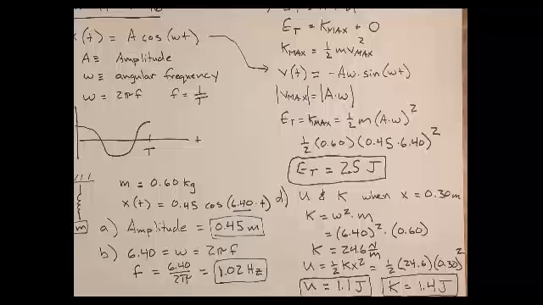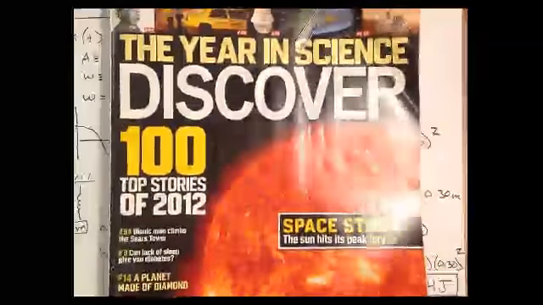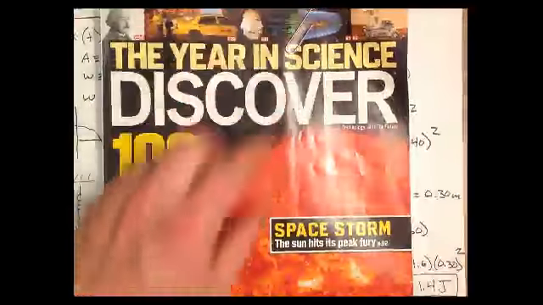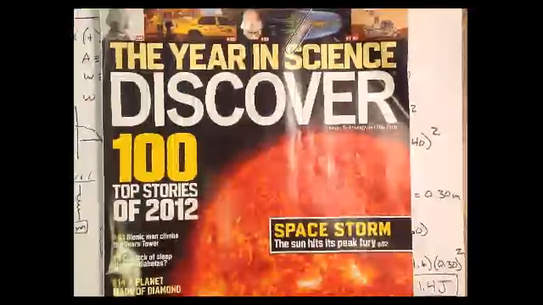But for the joke, I need to give you a little bit of background information, and that is about the Higgs boson. Mr. Kirsten, is the Higgs boson kind of a big deal? Well, I don't know. Let's see what Discover Magazine thought of the top 100 science stories of 2012. Guess what number 1 was? The Higgs boson.